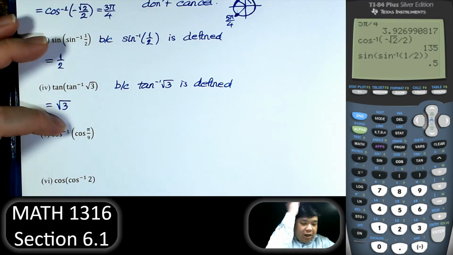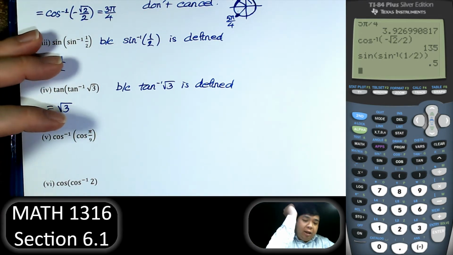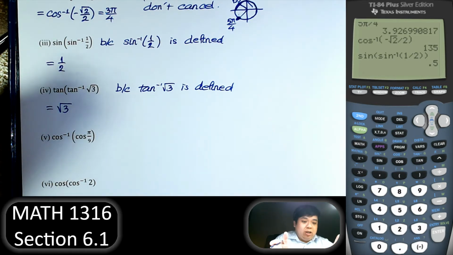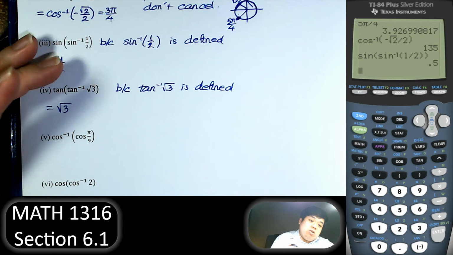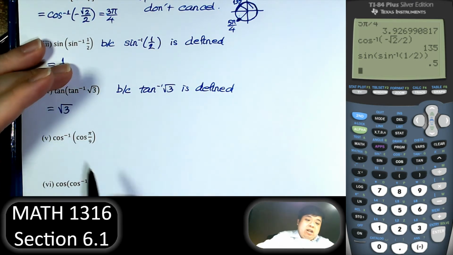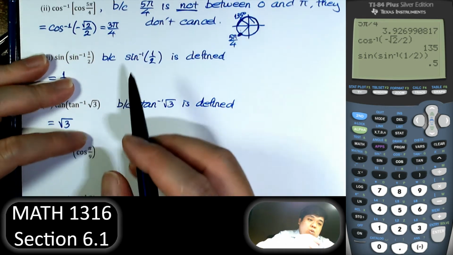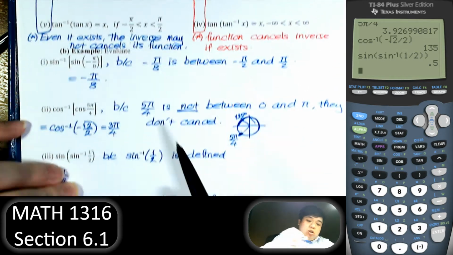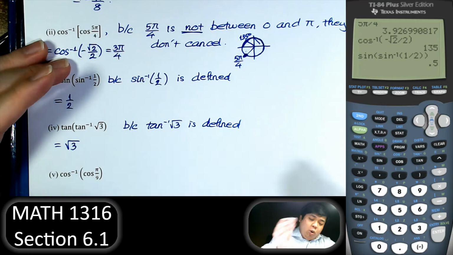Next, cosine inverse of cosine of pi over 9. Now, the inverse and the function may not cancel out, even if it exists. All we need to check is that the angle is within the domain. So it will cancel out if it is between 0 and pi, between quadrant 1 and quadrant 2.